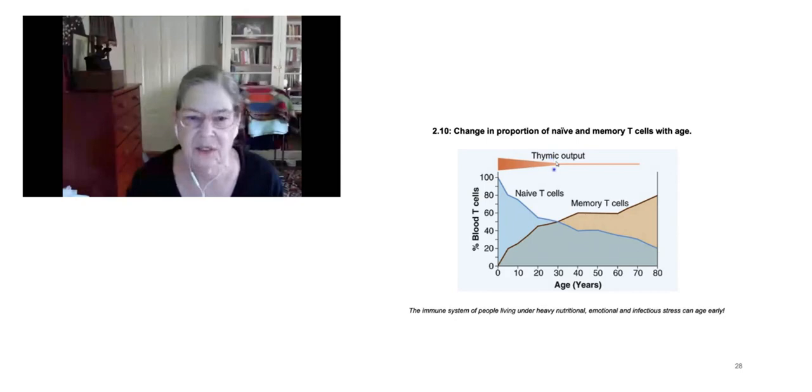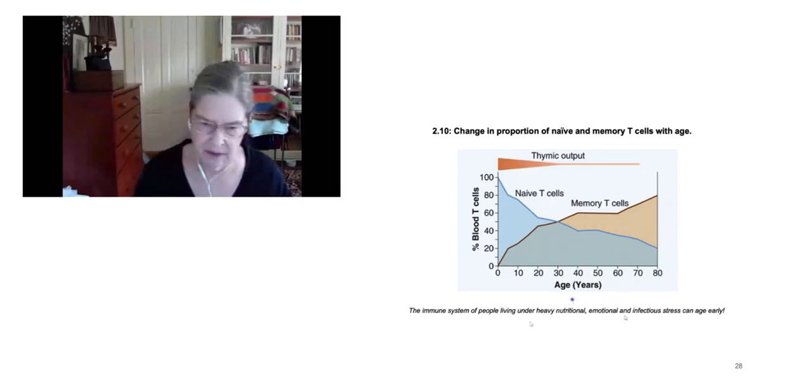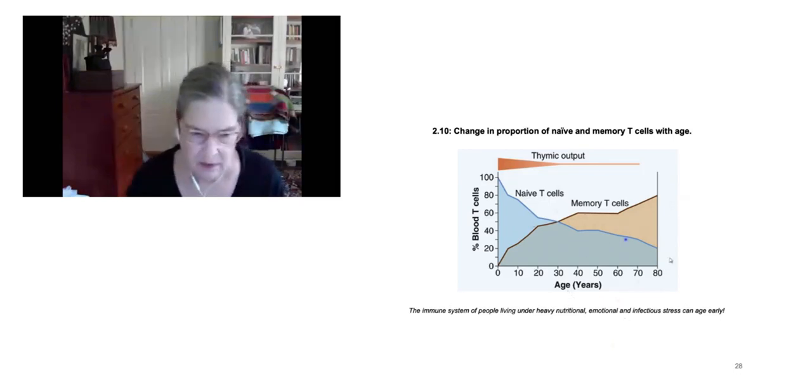And that's because the thymus involutes and becomes just a bunch of lipid fat stuff, and you can't make a whole lot more T cells. So that goes down with aging. Your memory T cells that are circulating through your body expand, and your naive cell populations drop. And this is an aged immune system.